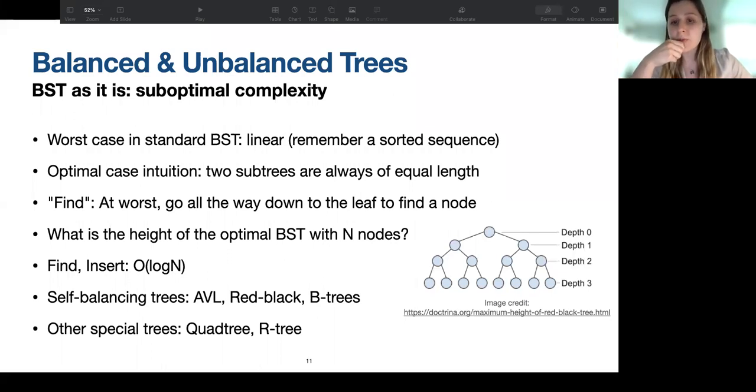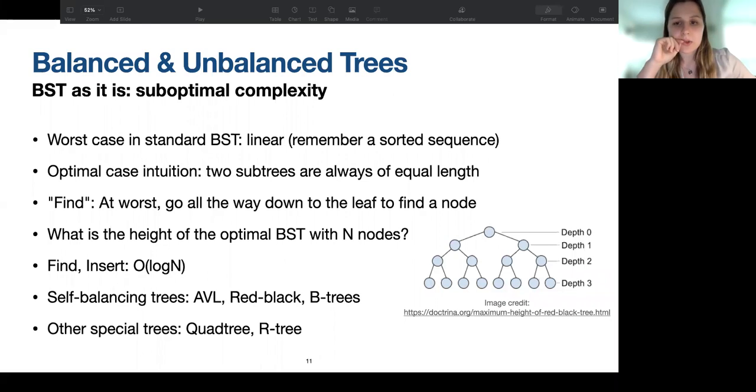Rather, we would hope that for each node, we will always have left and right subtrees which are of the same size. And here is a little picture in the right bottom corner of what's called the full binary tree. That's basically a tree where every single node, apart from the leaves, of course, has 2 children.